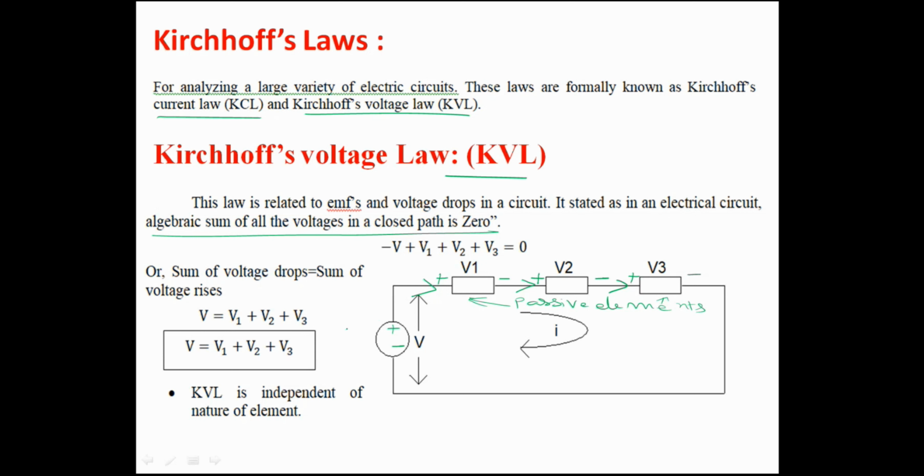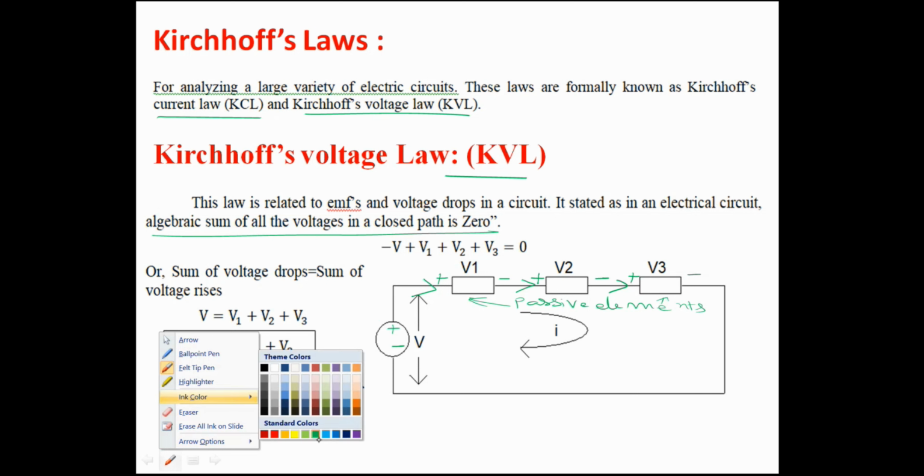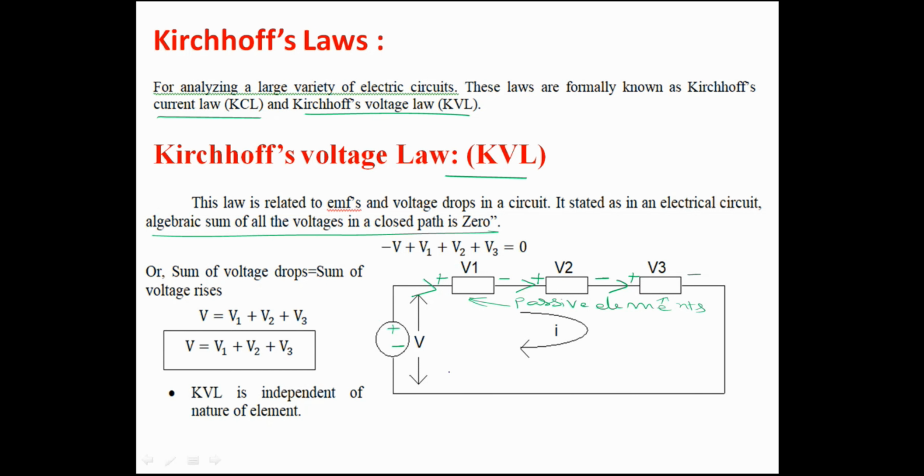So let us take the current flowing in this direction, and we have taken the direction around the circuit to be this direction. As the current in this voltage source is flowing from the negative terminal to the positive terminal, in general convention, if the current is flowing from negative to positive terminal, we treat that as a positive voltage rise.